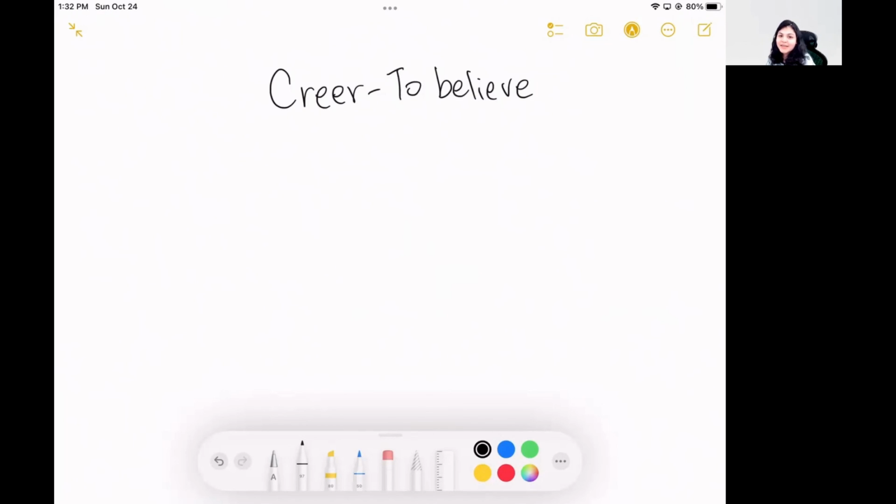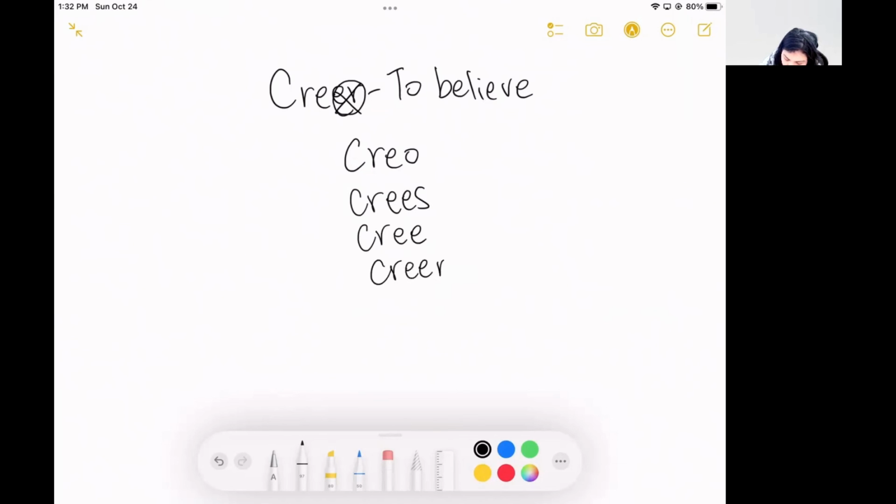So here are the answers to how to conjugate creer in the present tense. Okay, we're going to take away that ER. So we have creo, crees, cree, creemos, creéis, creen.